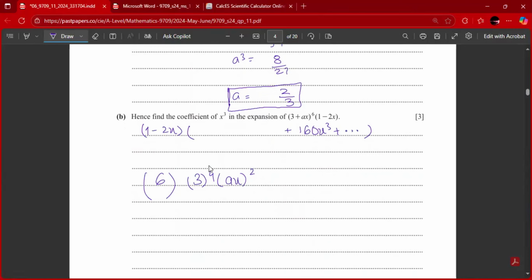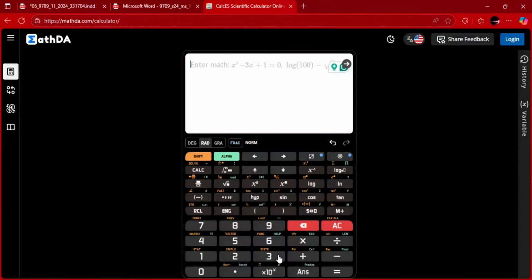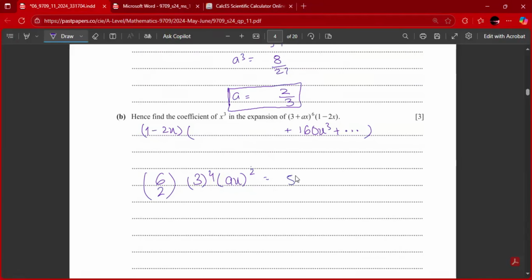As I told you before, you can write 4 or you could write 2. I'm writing 2. Any value is perfectly fine. Let me just solve it. 6C2 was 15. 540 x squared.